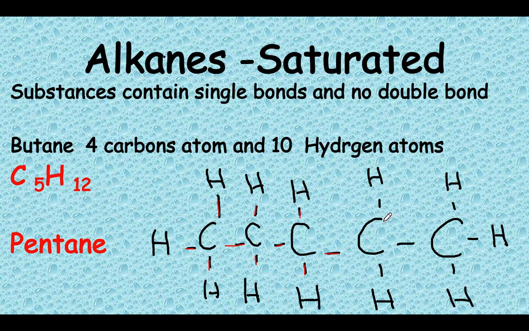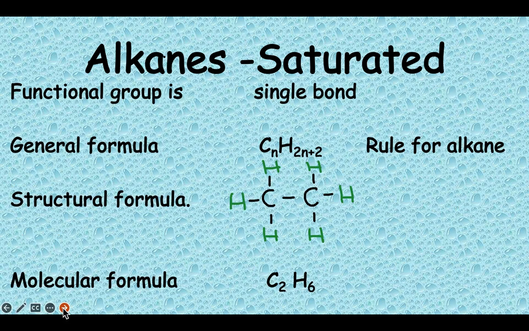The fourth one has 1 in common, 2 in common, 3, 4. The last one has 1 in common and 2, 3, 4. We call this the structural formula showing the bonds, and if we want to get the molecular formula, we count 5 carbon atoms and 12 hydrogen atoms.